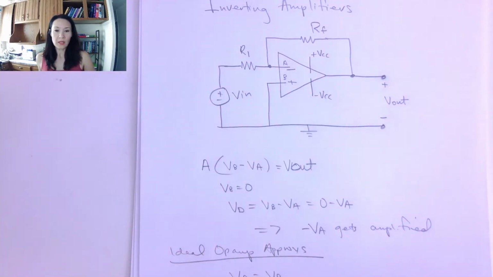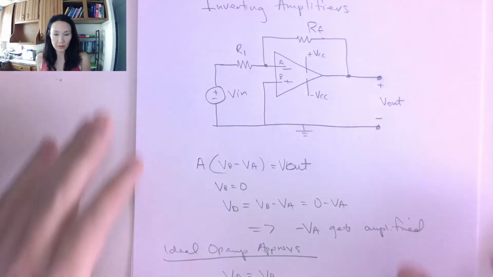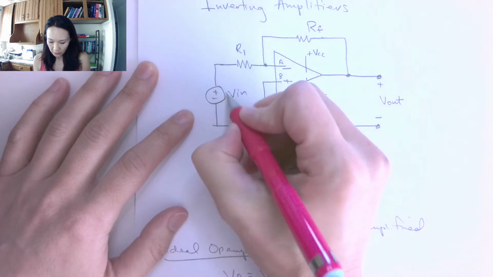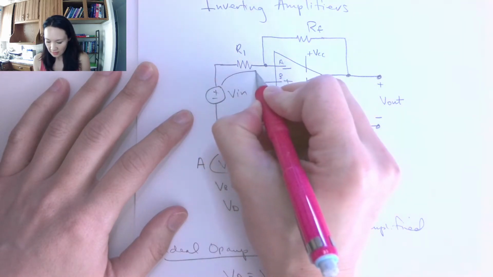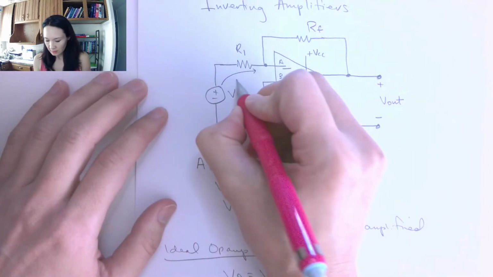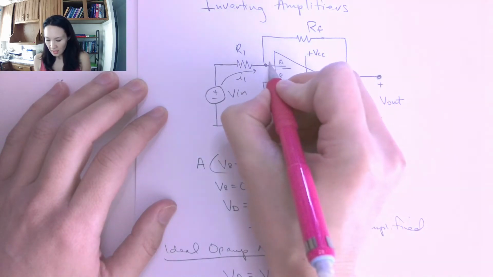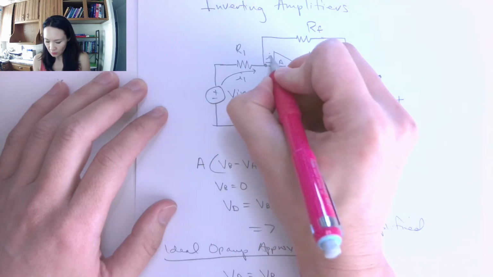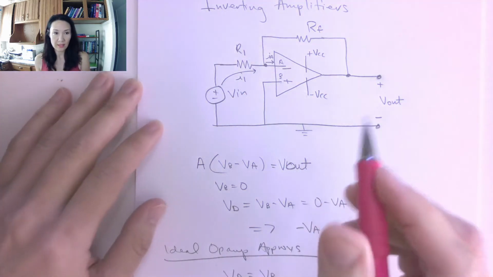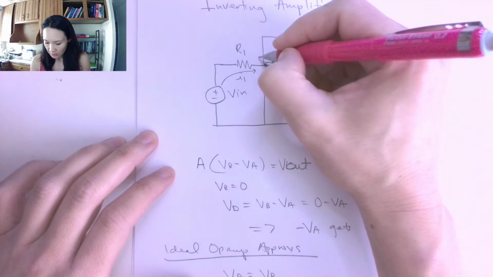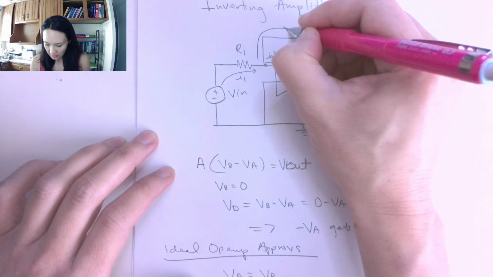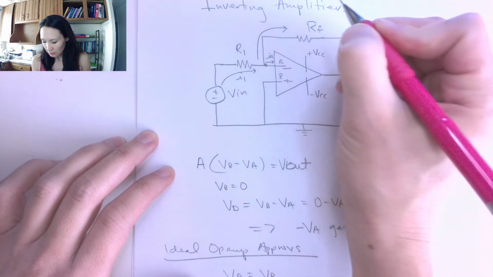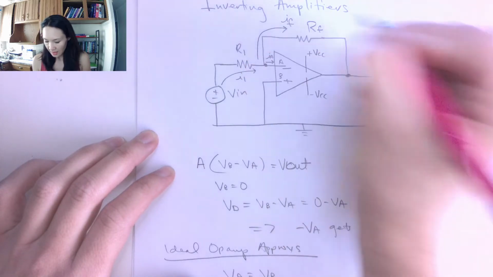So if we continue with our circuit analysis, if we have a current that originates from this Vin and takes a path through R1, let me label this I1, and then the current that comes in here, which you know is actually 0 because of our ideal op-amp approximations, but just for the sake of an accurate KCL equation, I'll put it in there, and this is IF.